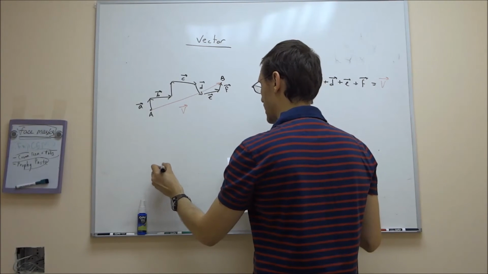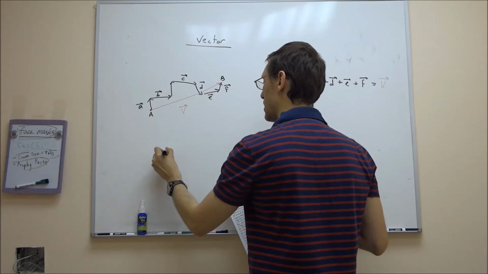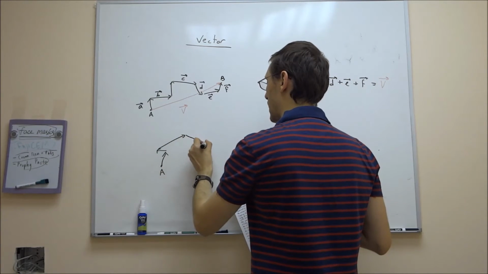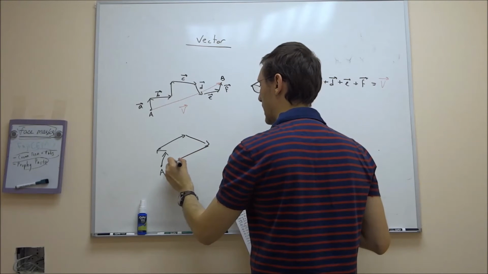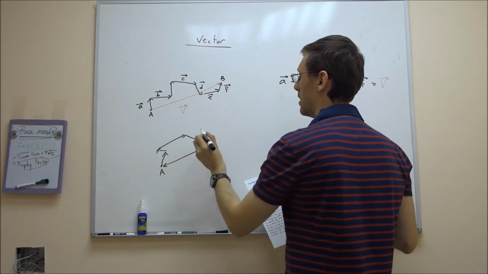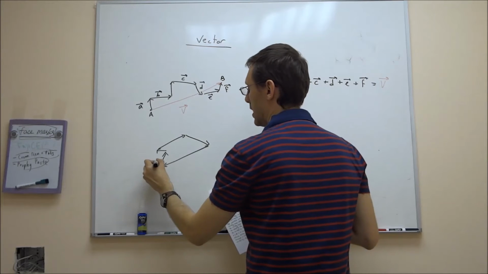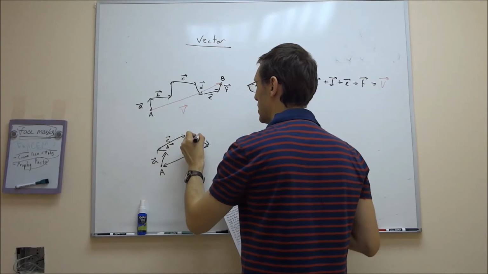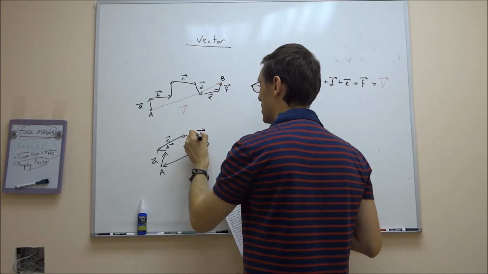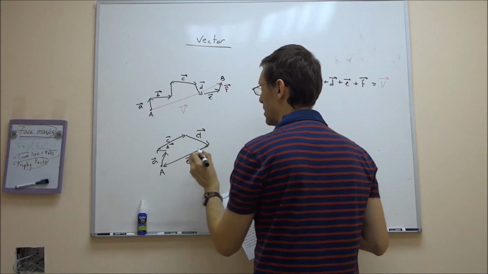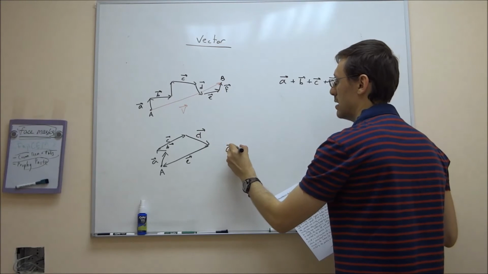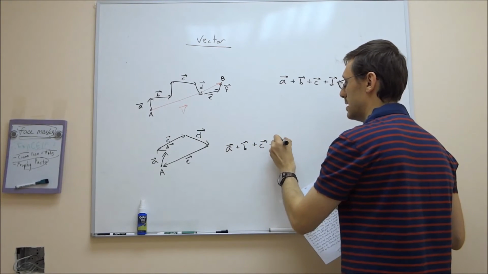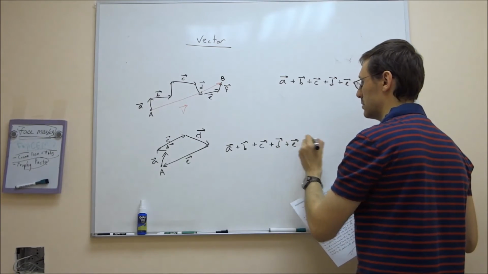If I start at point A and I move like this, so we have here A, B, C, D, and E. So what is the sum of A plus B plus C plus D plus E equal to?